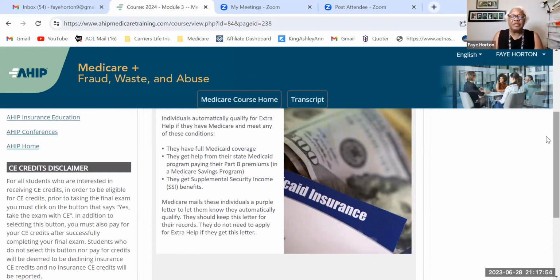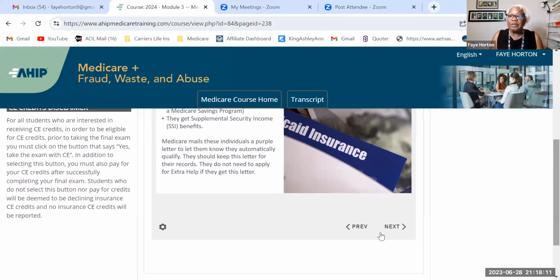Medicare mails these individuals a purple letter to let them know they automatically qualify. They should keep this letter for their records. They do not need to apply for extra help if they get this letter. So that's something you can ask now: did you get a purple letter?